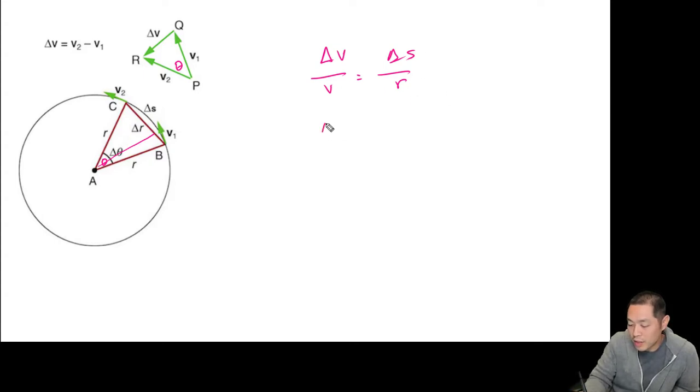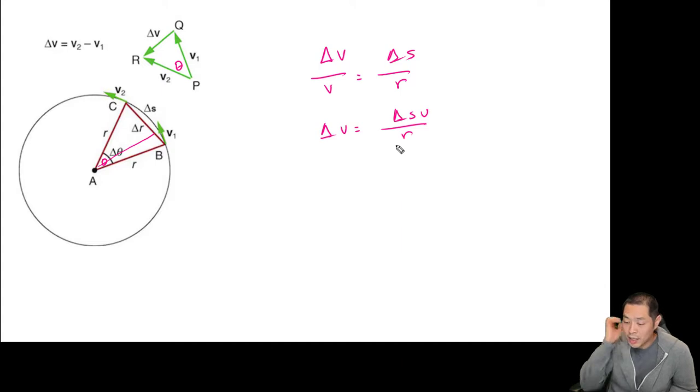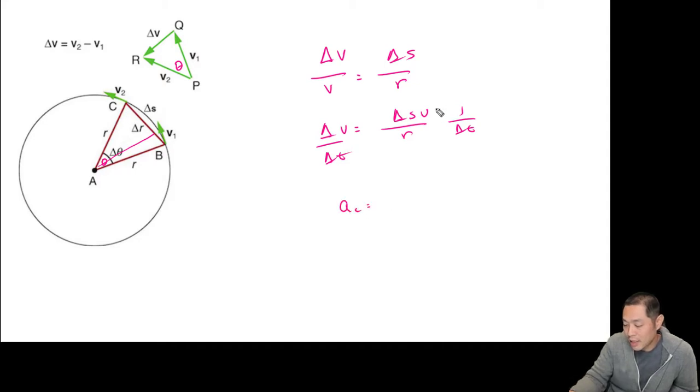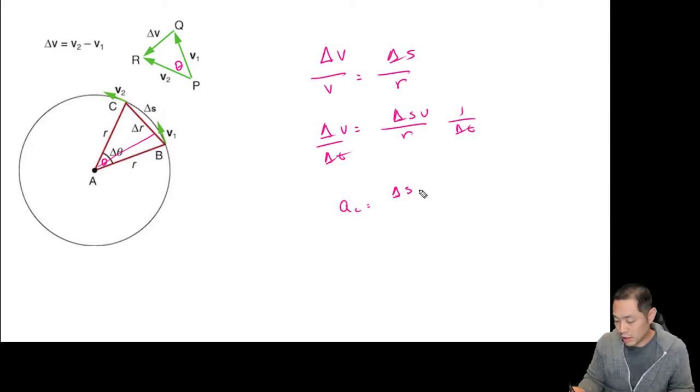So I'm going to move the V over to the other side: change in S, V over R. And then I want to divide both sides by t, and the reason I want to do that is because now this is equal to A. So this is equal to A. And then I have change in S over change in T times V over R.